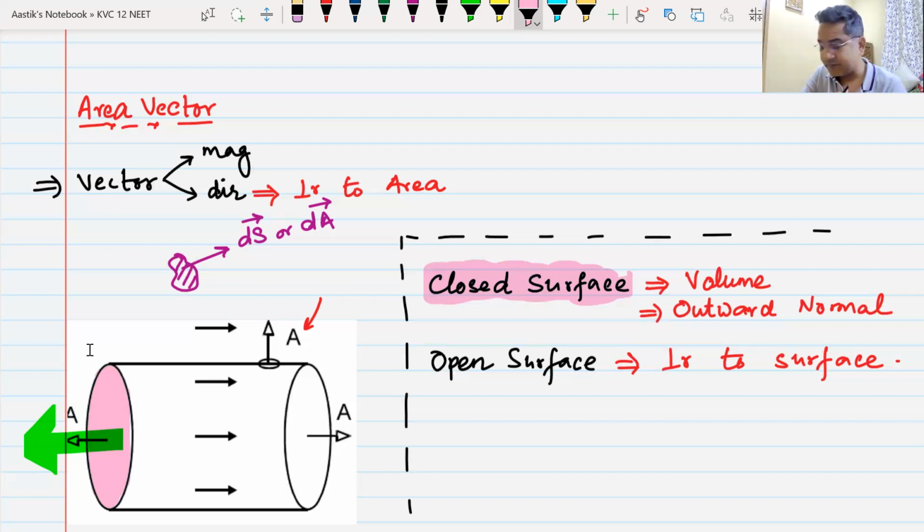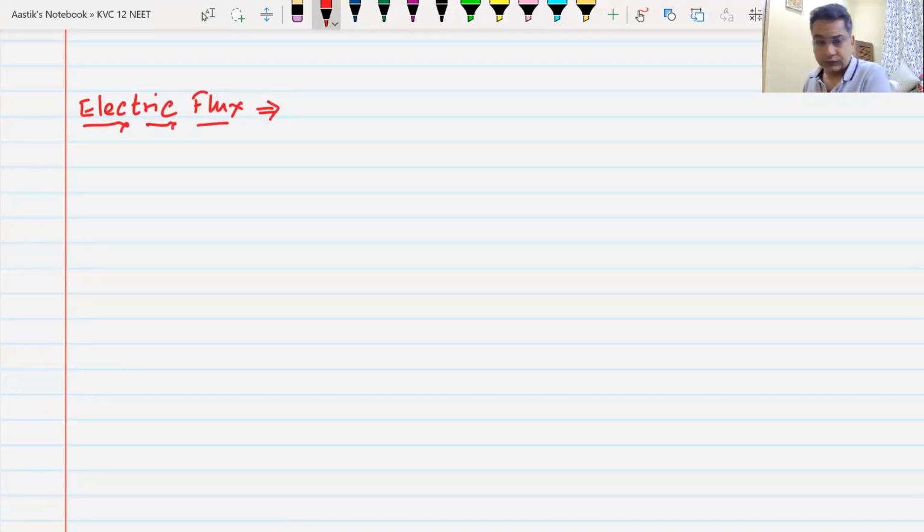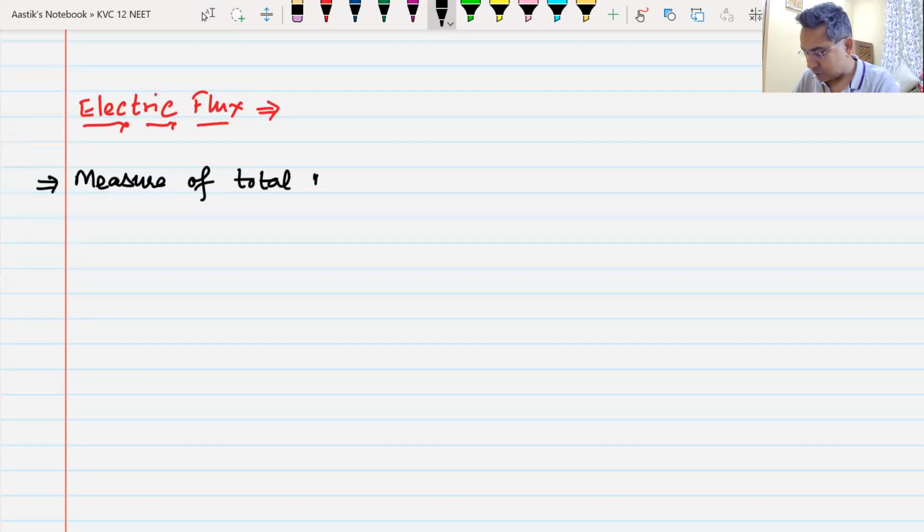What do you mean by electric flux? Electric flux. So basically, what do you mean by electric flux? It is a measure of the total number of EFL.